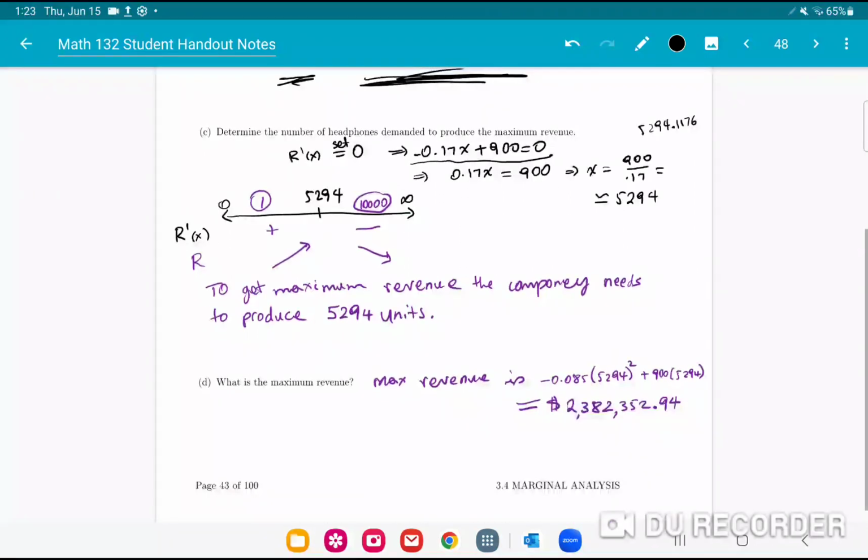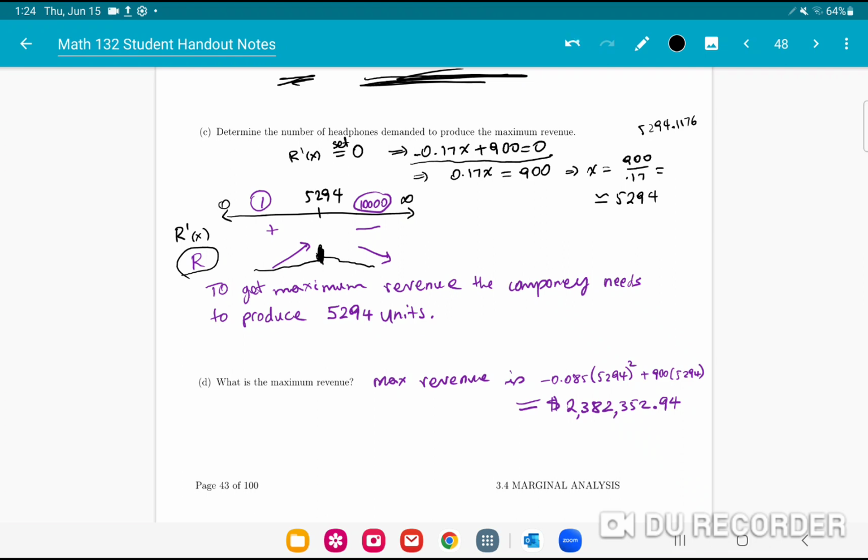I tested the derivative function at 1 and 10,000. At 1 it's positive, at 10,000 the first derivative is negative, which means that the revenue function is increasing up to this unit and then starts to decrease from that unit on.